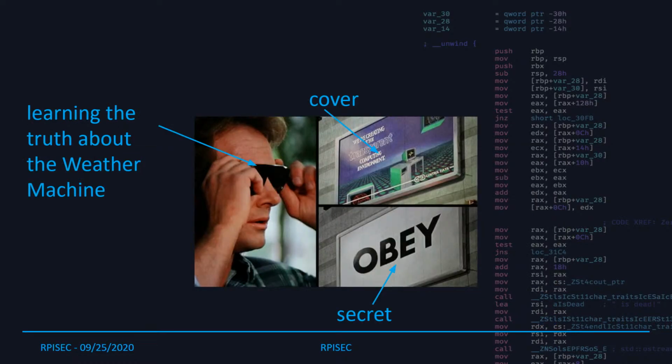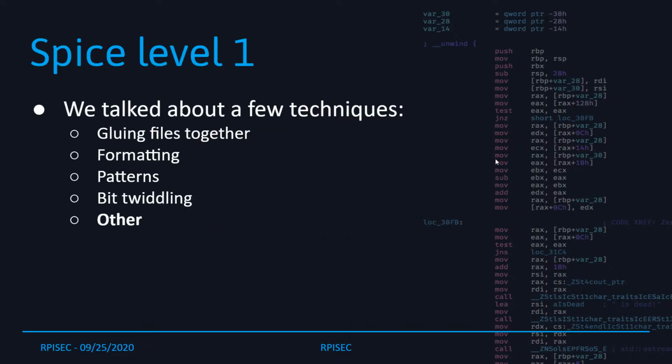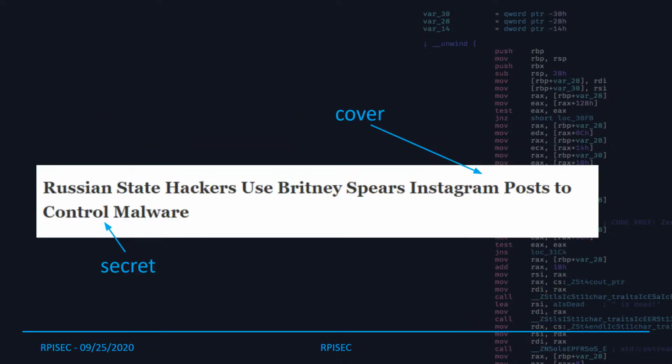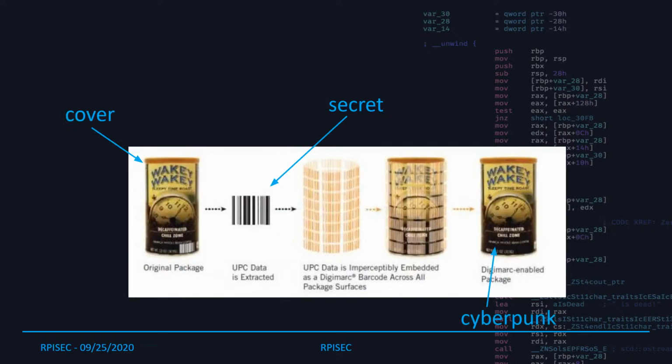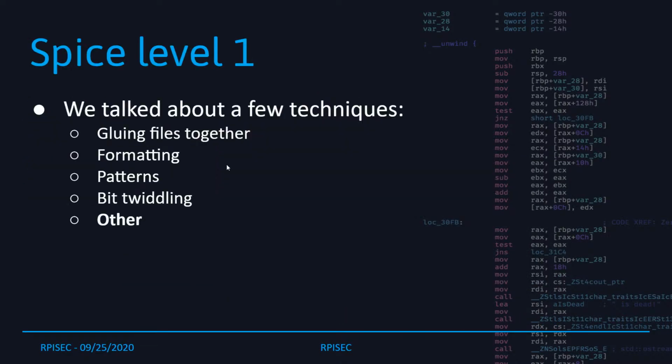And when you learn the truth about the weather machine to uncover the secret conspiracy underpinning all of existence, that's kind of steganography, if you think about it. Again, the core element here is that you don't actually know there's a secret there. All you see is something that looks innocuous, whether it's an Instagram comment or a cup of coffee or a billboard.